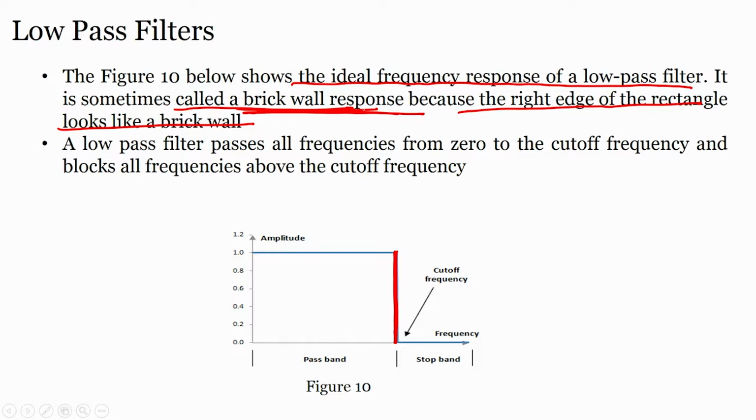alright. A low pass filter passes all frequencies from 0 to cutoff frequency, that is what I said. This is 0 hertz, FC of particular hertz, right. So, this is your cutoff frequency.